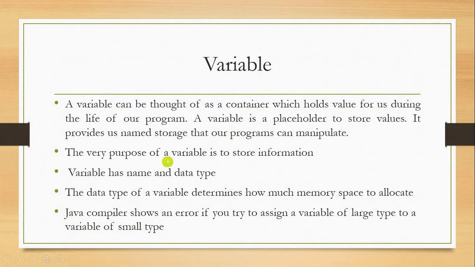The very purpose of a variable is to store information. A variable has a name and data type. The data type of a variable determines how much memory space to allocate. The Java compiler shows an error if you try to assign a variable of large type to a variable of small type.